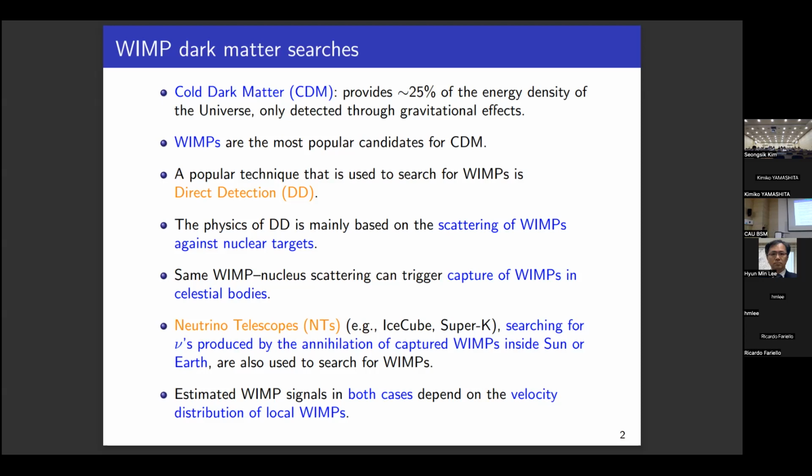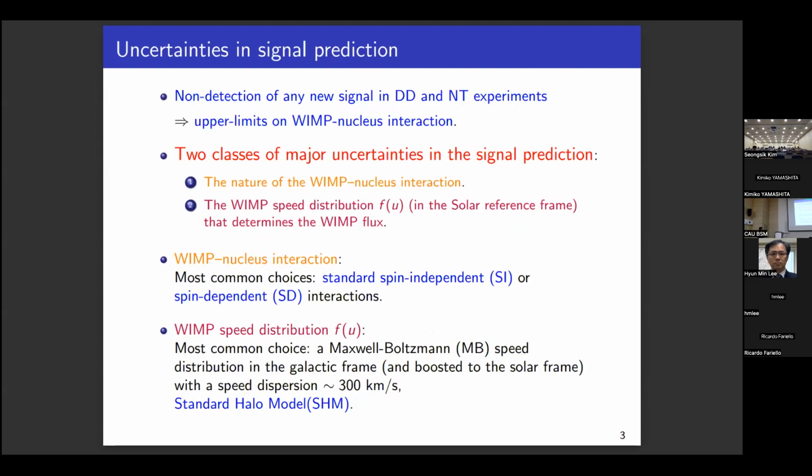The estimated WIMP signal for both direct detection and neutrino telescopes depends on the velocity distribution of local WIMPs. Non-detection of any new signal in direct detection or neutrino experiments puts upper limits on the WIMP-nucleus interactions. While predicting the WIMP signal for these experiments, two classes of major uncertainties arise.